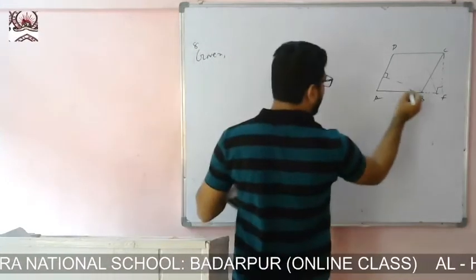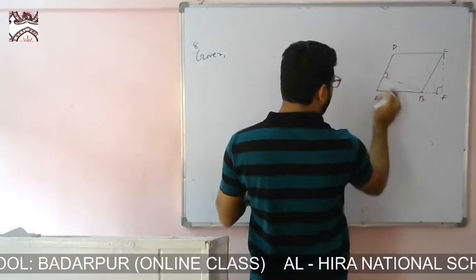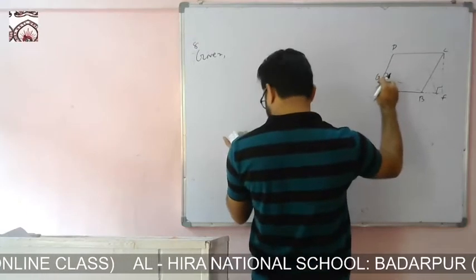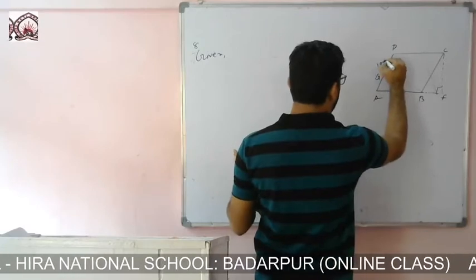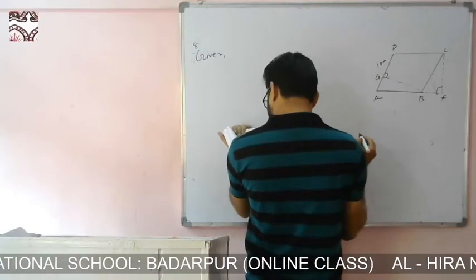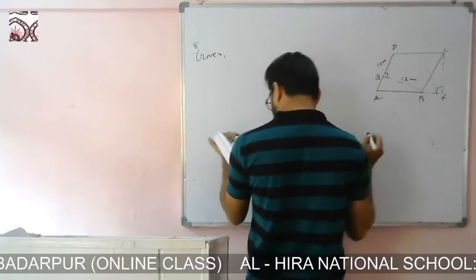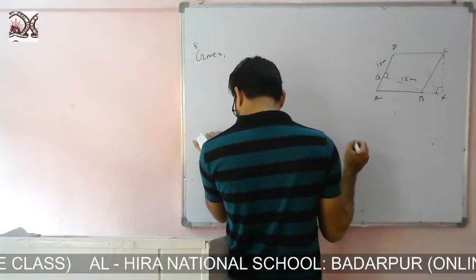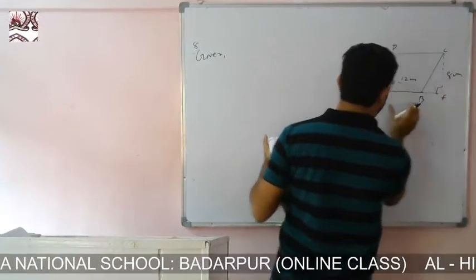AD is 10 centimeter, BG is 12 centimeter, and CF is 8 centimeter, to find AB.